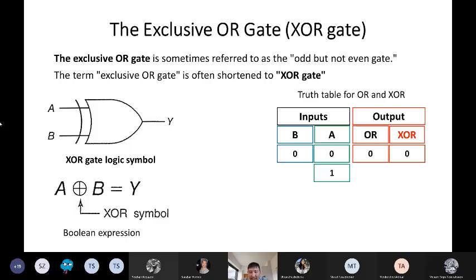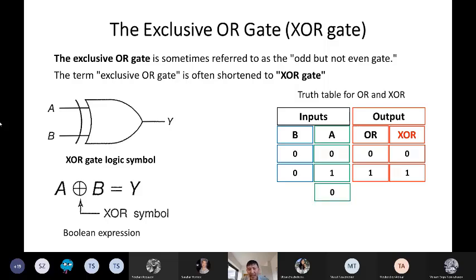Okay, A is 1 and B is 0. We have only 2 inputs, right, guys? And only one input is high. It means the number of high inputs is odd. So for OR we'll have 1, and for XOR we also will have 1.